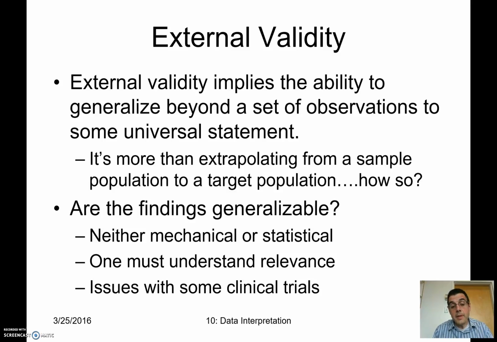It's also important with external validity to understand the relevance of these findings, and whether we can take findings from a smaller study and generalize them to the larger target population. That's a real issue from a clinical trial standpoint, which we'll talk about later, because clinical trials have set controls as to what type of individual can participate.